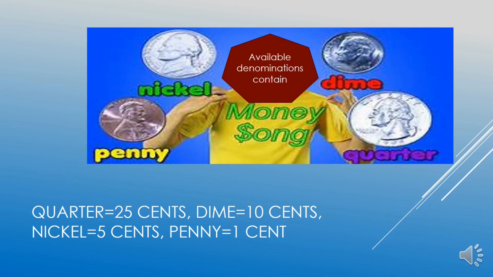Okay, let's see the solution. First of all, let us consider the available denominations for the cashier: nickel, dime, penny and quarter. Their values are: quarter equals 25 cents, dime equals 10 cents, nickel equals 5 cents and penny equals 1 cent.